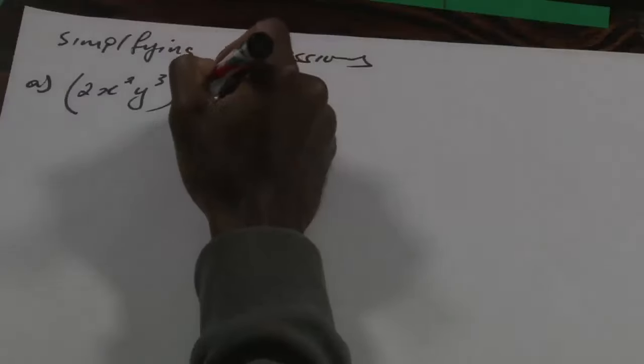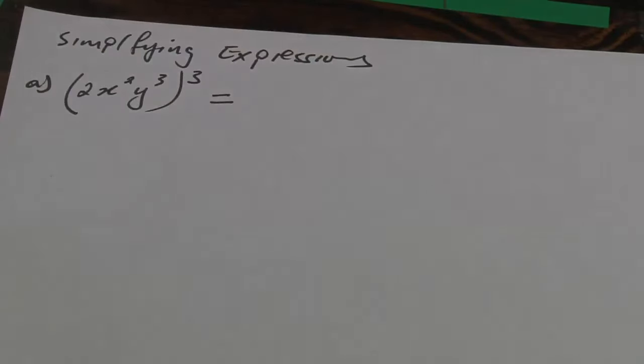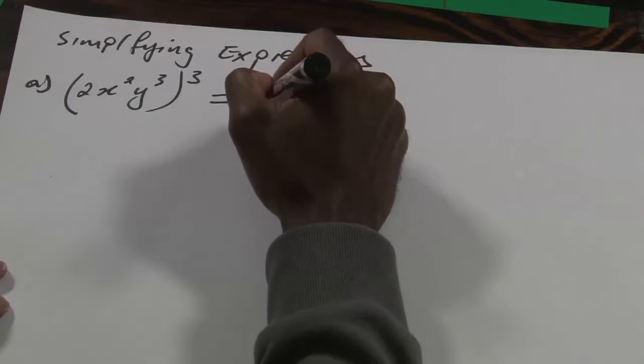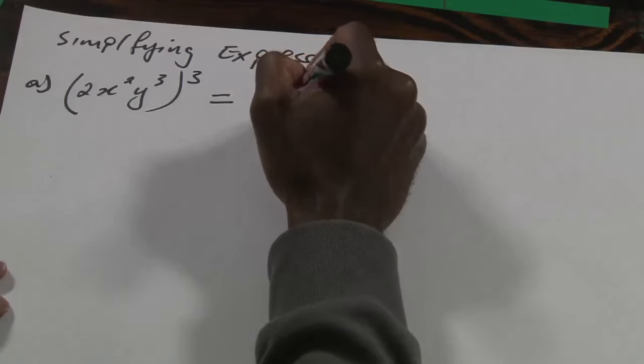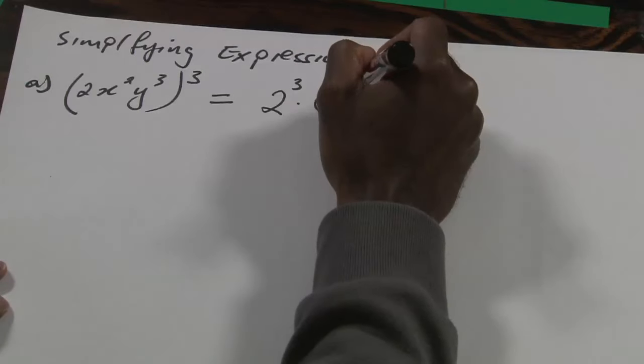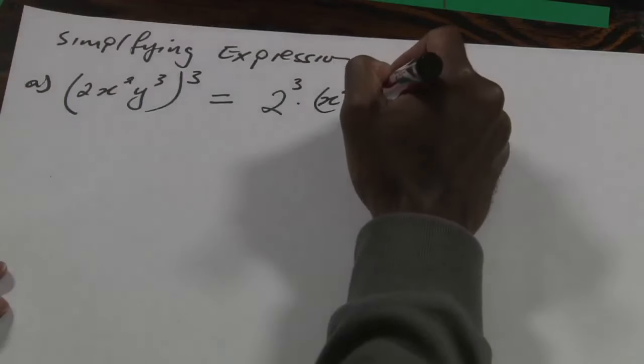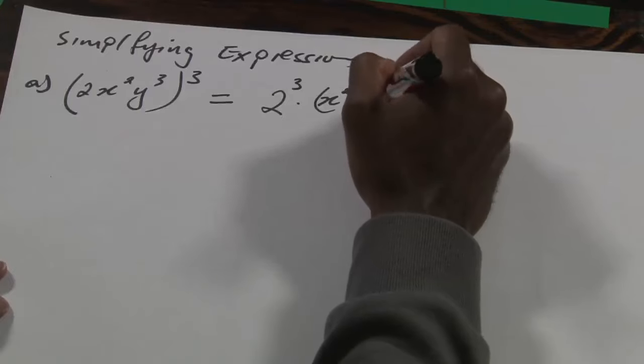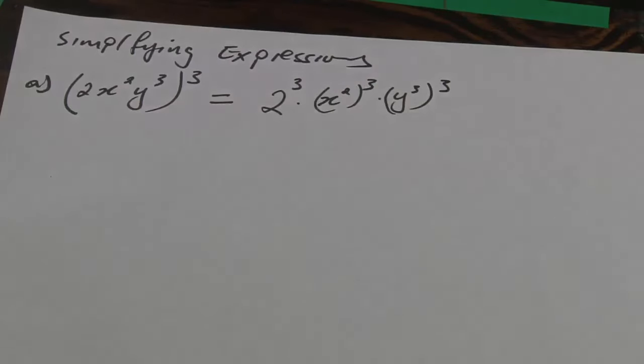So in this case we distribute the power inside, and what we get is 2 to the power of 3 multiplied by x squared to the power of 3 multiplied by y cubed to the power of 3. So that is sorted.